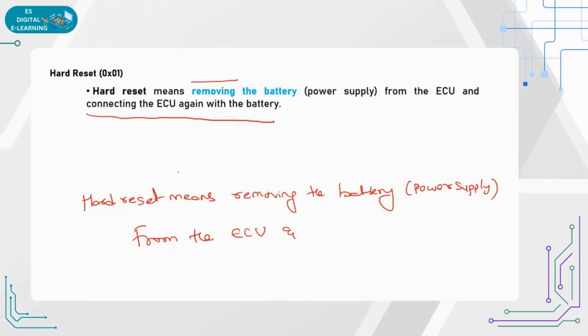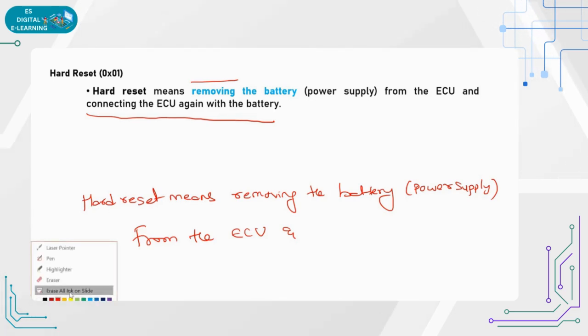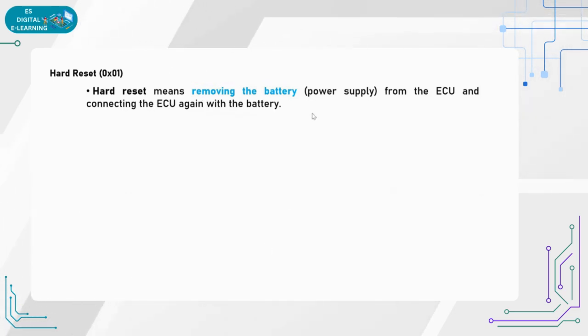This is a very simple definition you need to give in interviews. Is it clear, right? Hard reset means hardly removing and connecting from the battery. That point you should remember. Hard reset means removing the battery from the ECU and reconnecting the ECU again with the battery. This is a very important sentence you should remember. That is a hard reset.